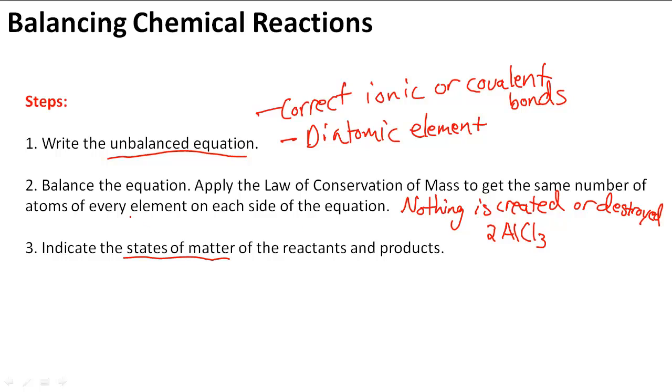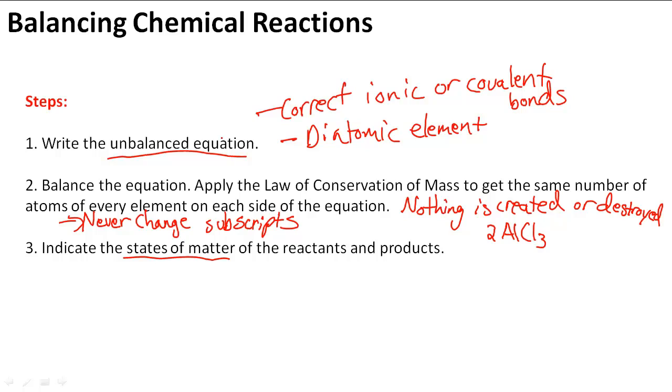When you balance an equation, never change subscripts. Your unbalanced equation, if you have the correct ionic and covalent bonds and diatomic elements, that should be correct. And then after that, when you balance equations, you do not change the subscripts.